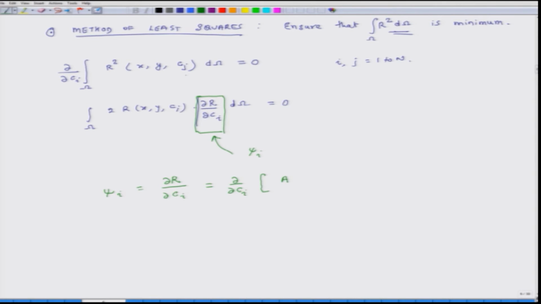This is a function of the sum of Cj phi j plus phi naught, which is my definition of u, this is un, and then there is also some forcing term minus f.